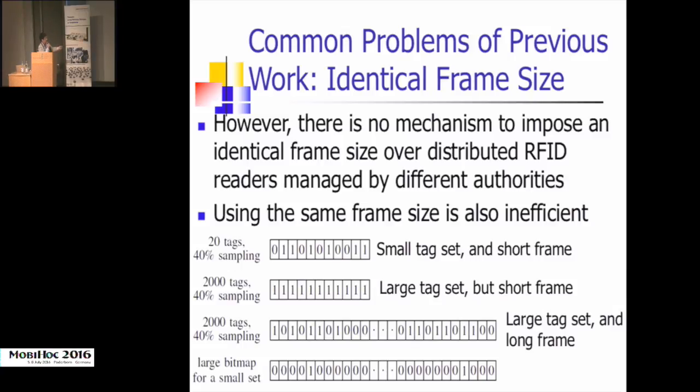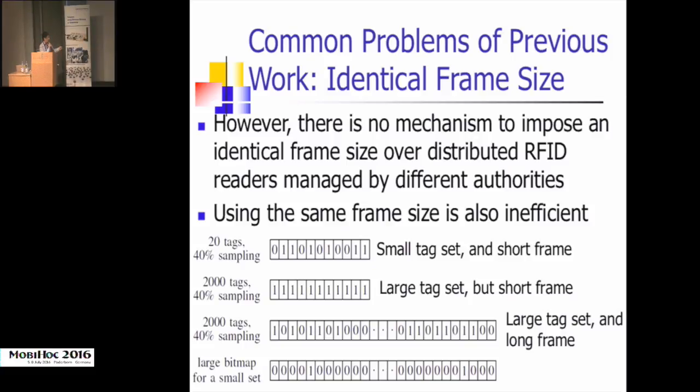And the other is, if we use the same frame size to encode each tag set, this becomes quite inefficient. Say, if we have a small tag set, then we have to use a short frame, of course. But if we use the short frame to encode a large tag set, like 200 tags, then this short frame will become overly dense, and all of its time slots will have tag responses.